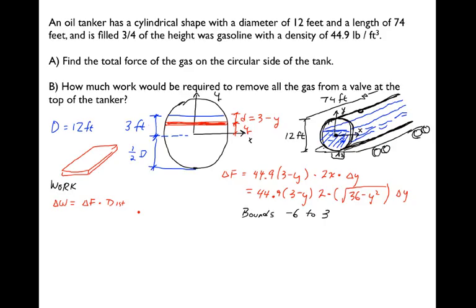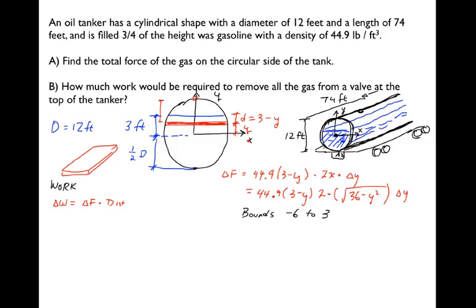If you took a slice, that whole horizontal slice has to go the same distance, right? And now the distance is not the depth. What is the distance? For the work, it is from here to here. We got to get it out the top of the tanker, not to the top of the surface.